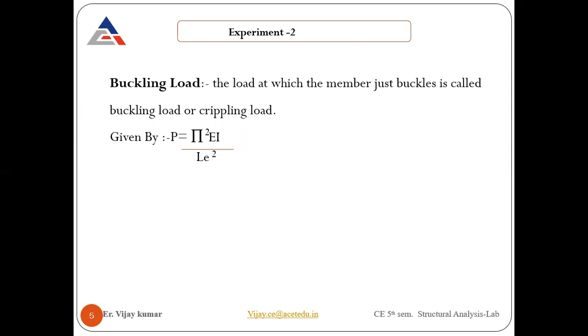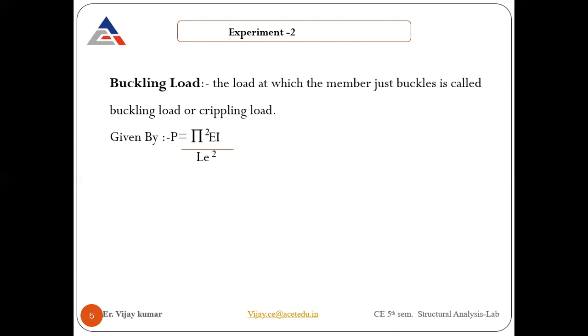Suppose one failure is going to happen at 5 kilonewton, the other at 7.5. Fine. So the failure is going to happen at 5 only. It is not going to reach the 7.5 on the other side. So it is only going to fail at the lower load condition. So that will be our crippling load condition, where we are going to calculate the strength.